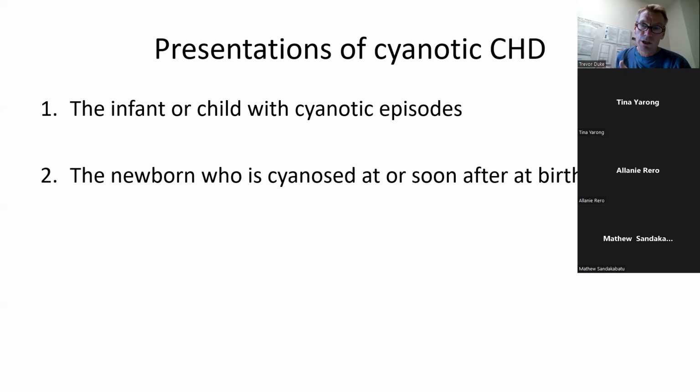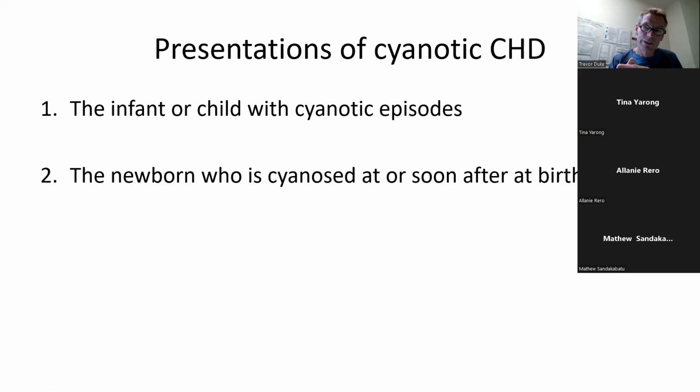When we're thinking about that, I want you to think more broadly than just, oh, this must be cyanotic heart disease, but think broadly about all the different causes of episodic cyanosis. We'll talk about that. The second presentation, the first one being as children get older, in infancy or in childhood, is the newborn who's cyanosed at the time of birth or soon after birth, in the first few days of life.